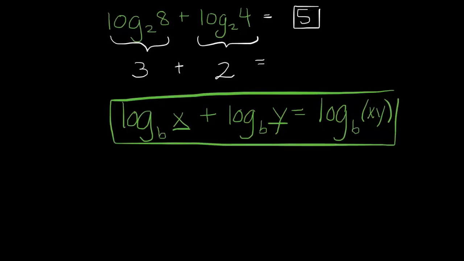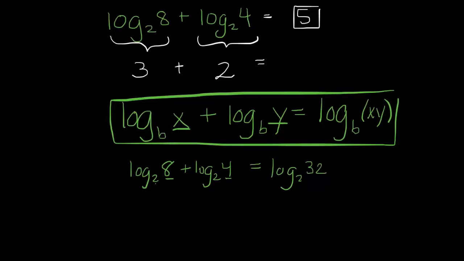Let's use the example above to see that that works. So the example we did above was log base 2 of 8 plus log base 2 of 4. According to this, they have the same base, so we're allowed to add them into a single log. So I'm going to keep the log base 2, and we would multiply the 8 and the 4. Well, 8 times 4 is 32. Perfect.